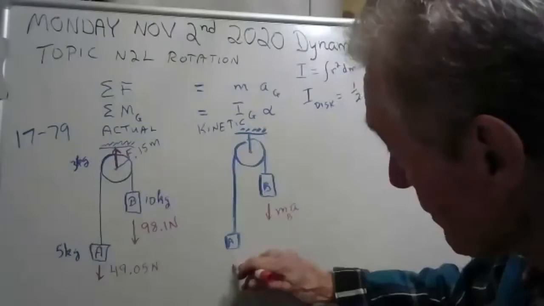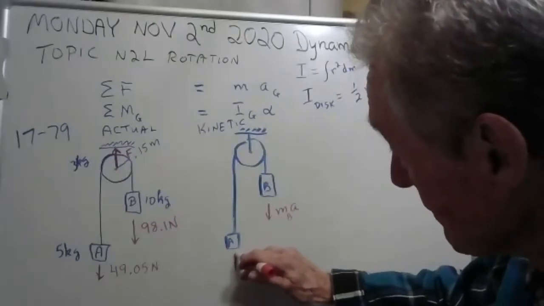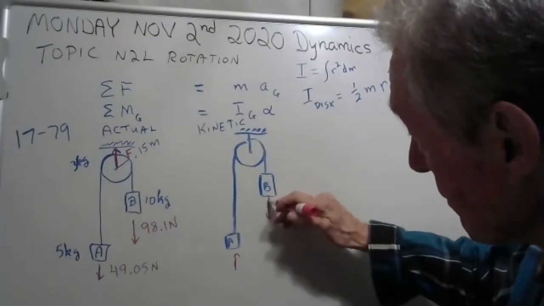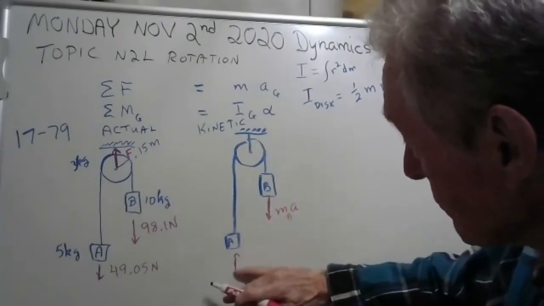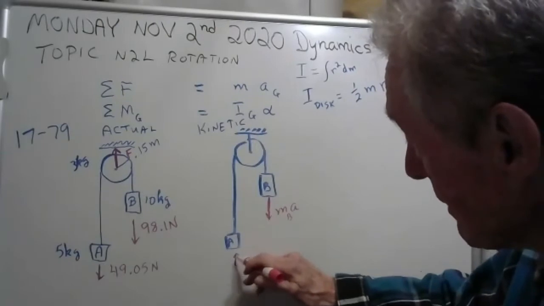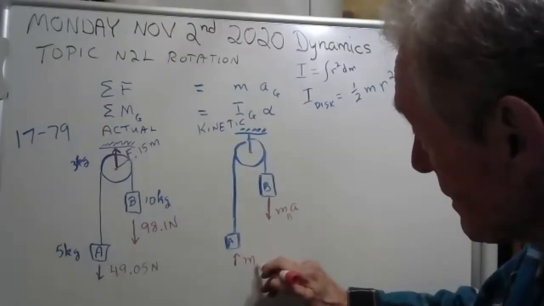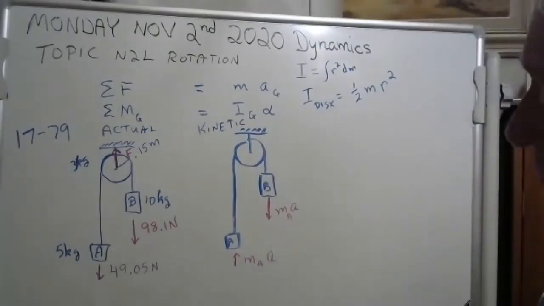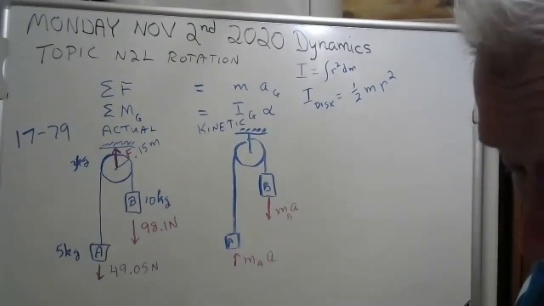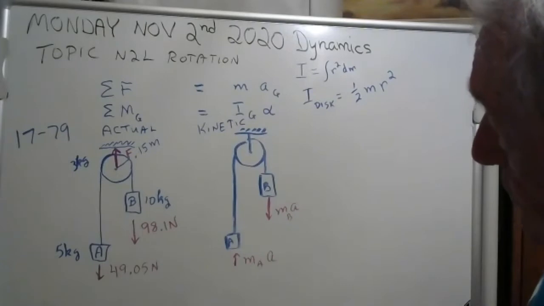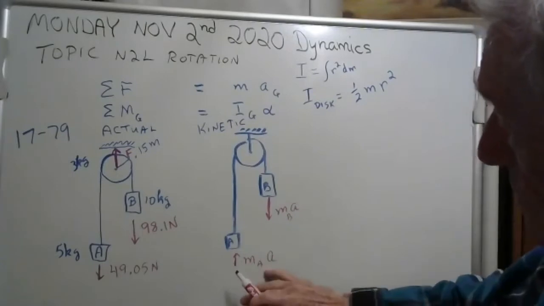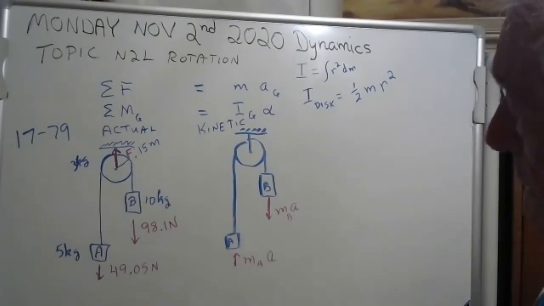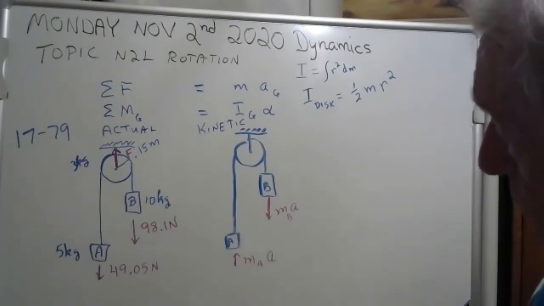But this one's going up. I think this one's going to have a longer ma, and this one will have a shorter ma, because this is m little a. Now the a's are the same. Whatever the magnitude of the acceleration is, it's the same. Those are kinetic forces.